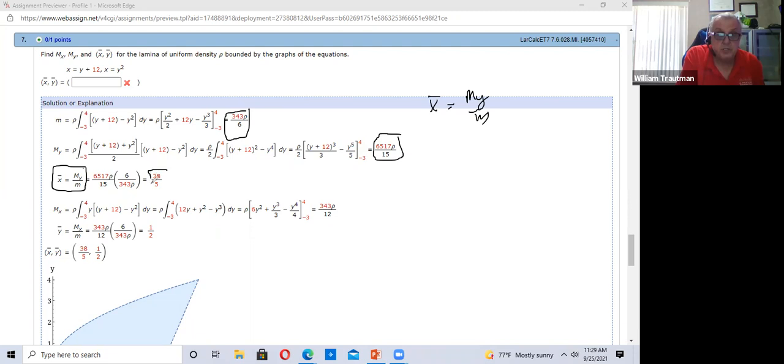And when you do that, you get 38/5. So that divided by, or multiply the reciprocal. You could divide the 2 or multiply by the reciprocal of the m. That's what they ended up with. You see the p's end up canceling out.